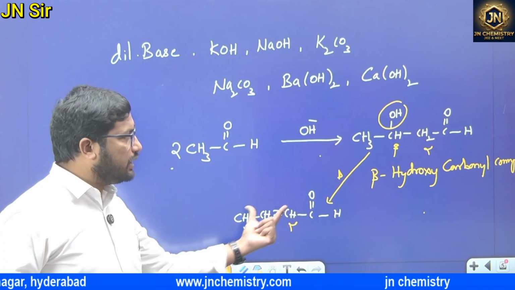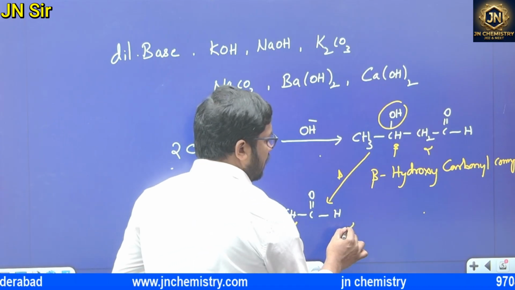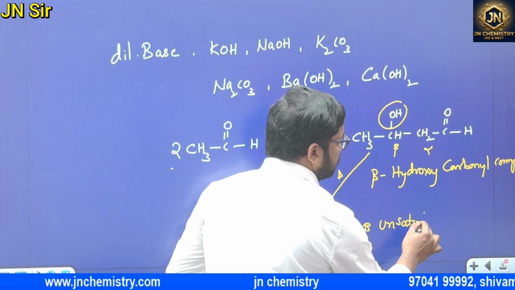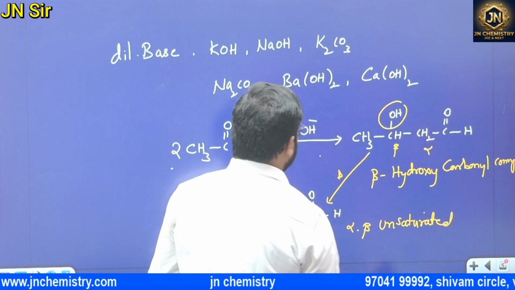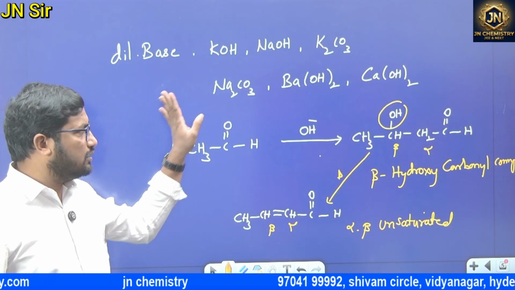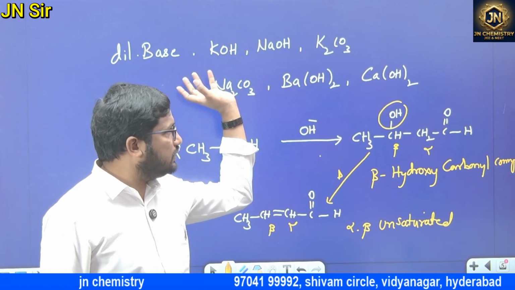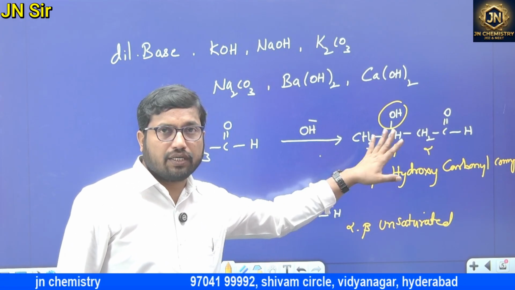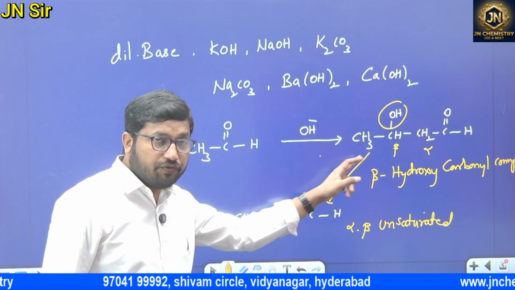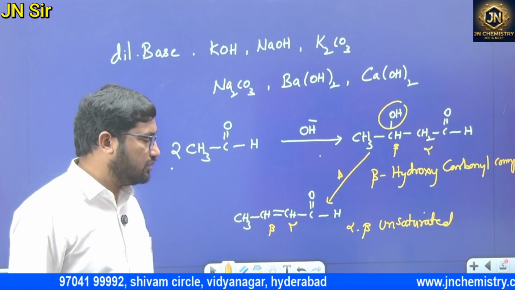Alpha beta unsaturated carbonyl compound. So actually this is the first equation. This is the reactant, the reagents we can use are any of these bases, and the products are of 2 types. After removing the water, we will get this final product.